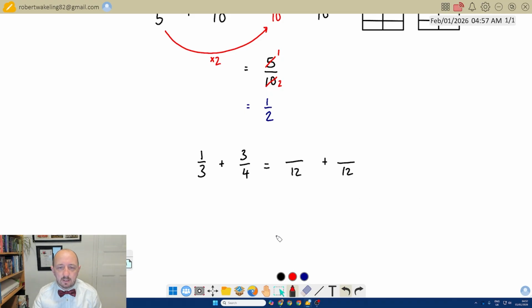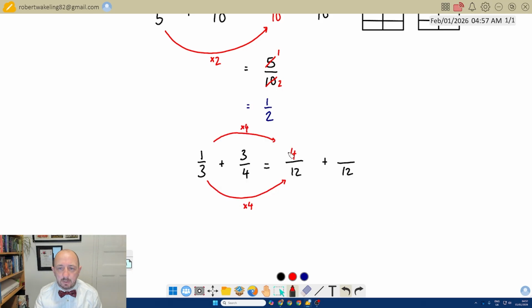And we ask ourselves, what do we times 3 by to get to 12? 4, which is the opposite denominator. And we do the same to the top. So 1/3, when we multiply by 4, would be 4/12.